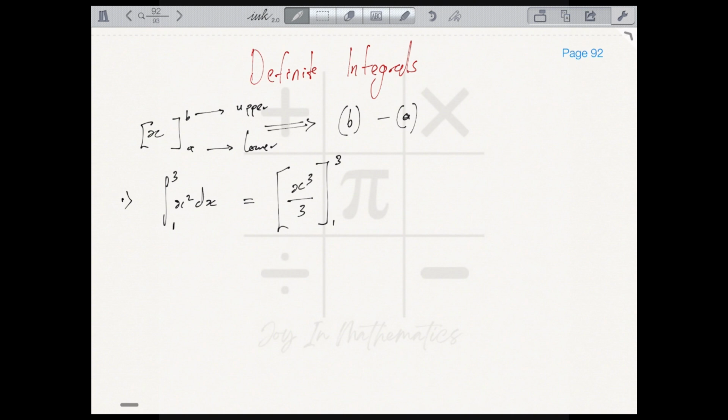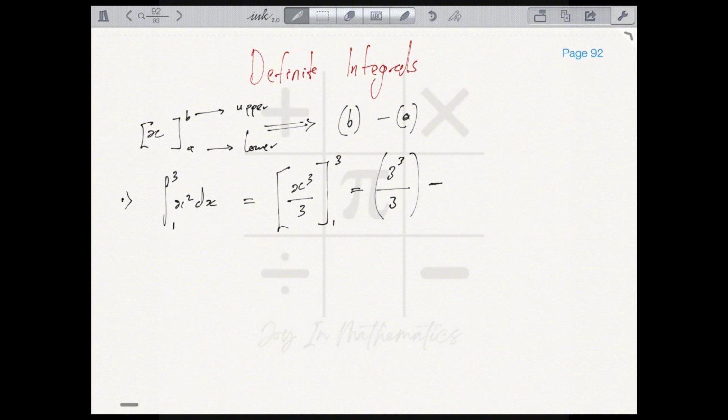Now, having done that, we consider the upper limit. The upper limit is 3 and the lower limit is 1. So we know that it is upper limit minus the lower limit. So wherever we see x, we substitute the upper limit. So that is 3 raised to the power 3 divided by 3 minus, wherever we see x, we substitute the lower limit, and the lower limit is 1.